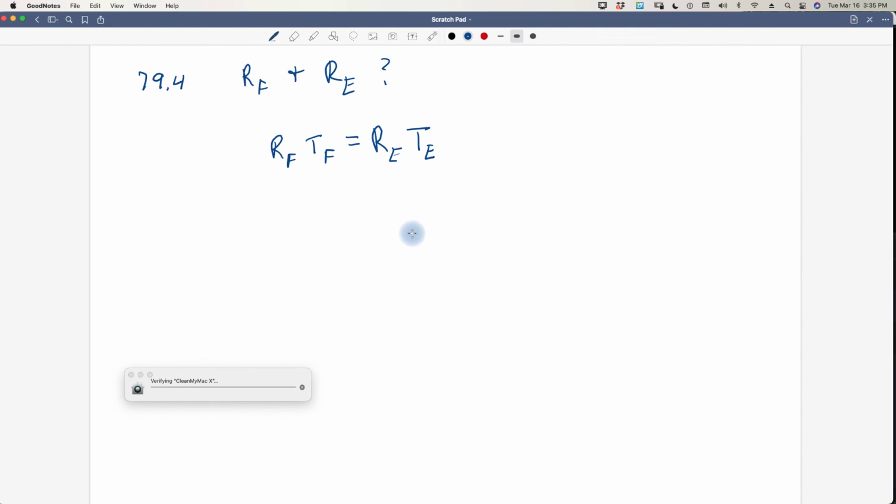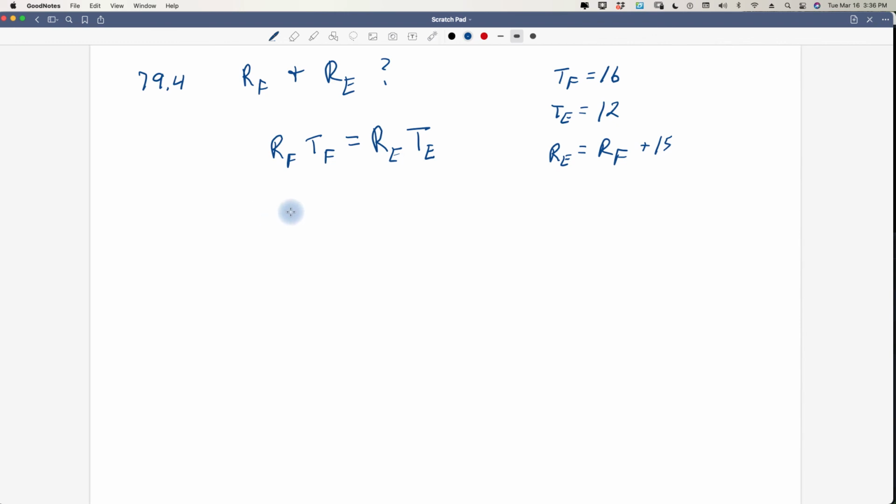I don't know what it's doing. So we are also given the values for T sub F, and that equals 16, and the value for T sub E is 12, and the value for R sub E is R sub F plus 15.